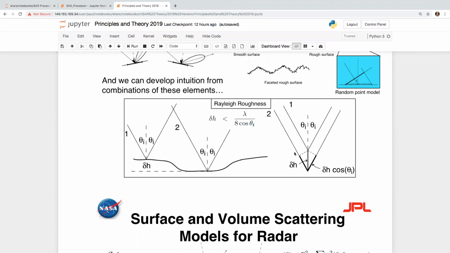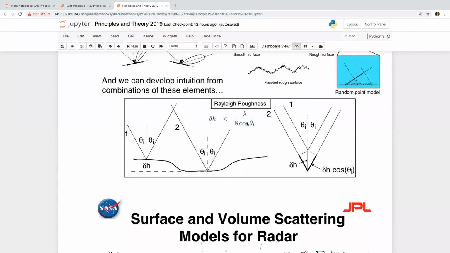So if that difference in height is less than a quarter of the wavelength, then you're good. This is the formula for the Rayleigh roughness: if the height difference is less than lambda divided by 8 cosine theta I, whatever that angle is, then the surface can be considered smooth.